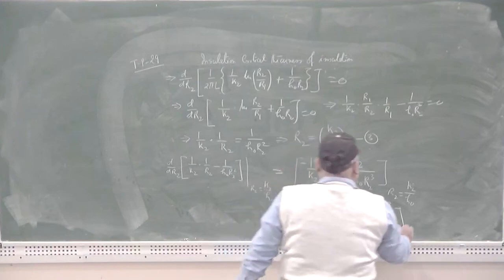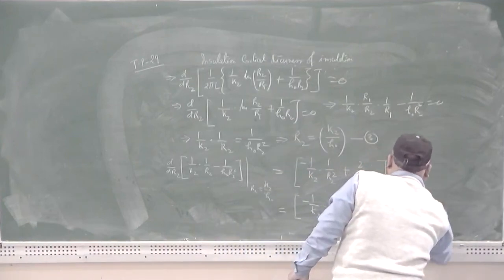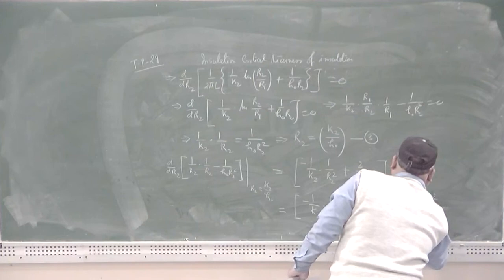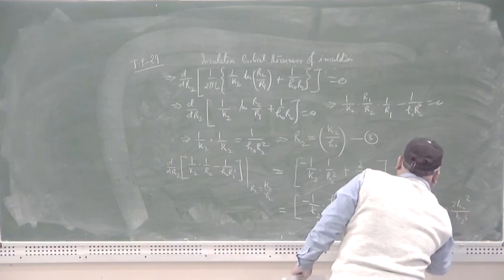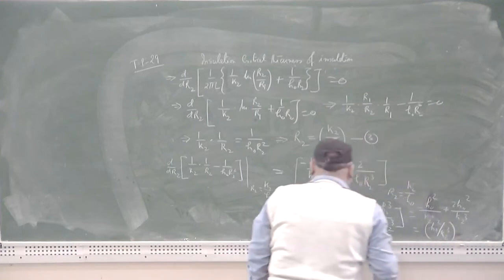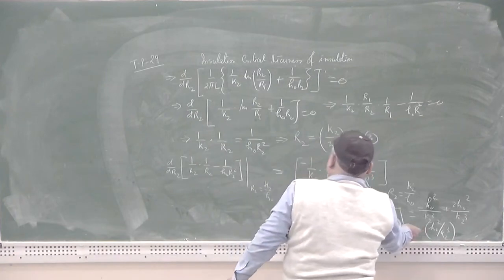That is equal to minus h0 square by K2 cube plus 2 h0 square divided by K2 cube, that is equal to h0 square by K2 cube.